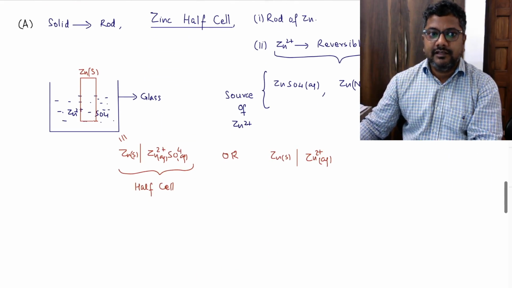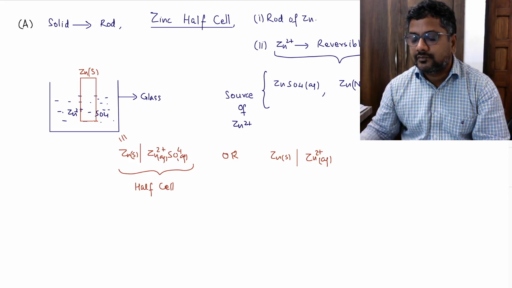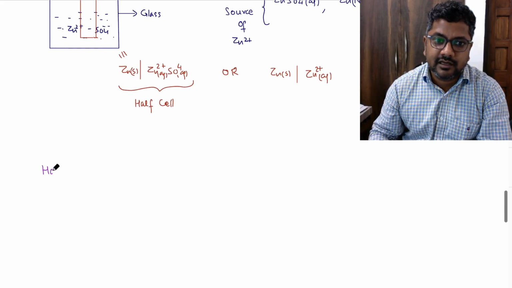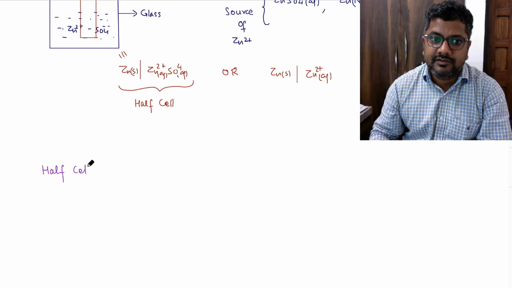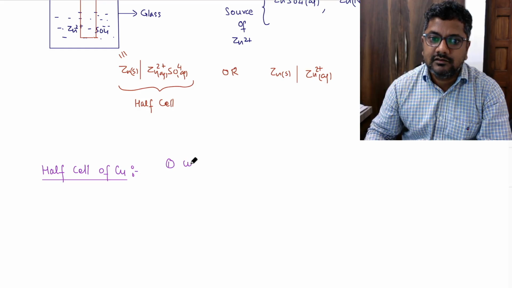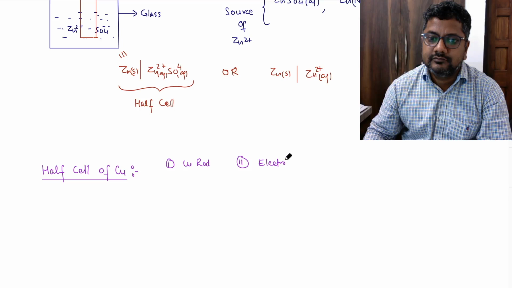Okay. Similarly, if you want to prepare the half cell of copper, what is the basic requirement? You want a copper rod, and you want an electrolytic aqueous solution.